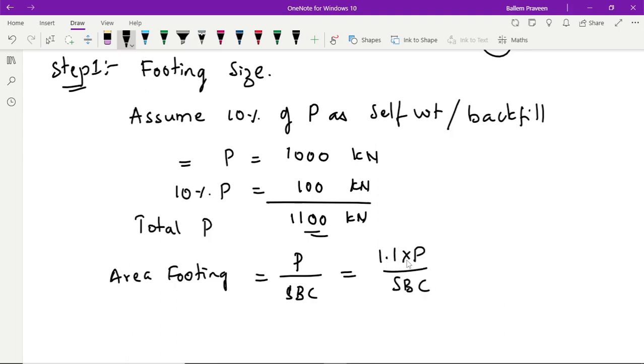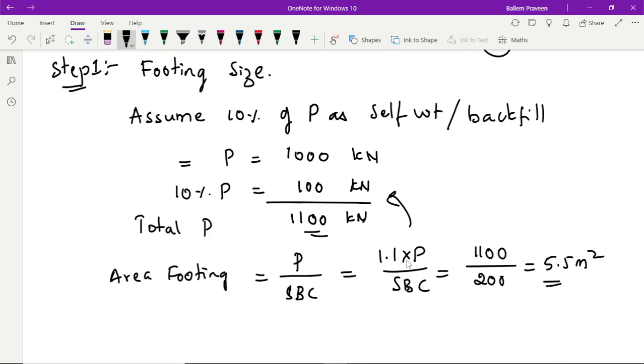So ఇక్కడ మనం 10% multiply చేస్తున్నాం, 10% increase చేయొచ్చు, అలా కూడా చేసుకోవచ్చు, లేదంటే ఇలా కూడా చేసుకోవచ్చు, no problem. After increasing 10%, our load is 1100 divided by our safe bearing capacity 200.